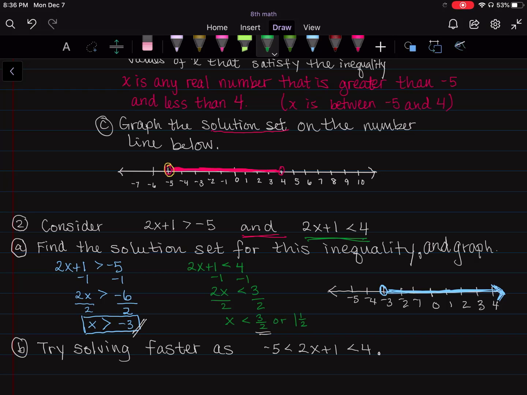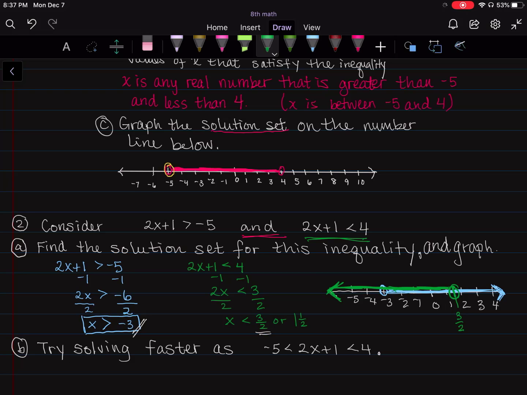We had x less than 3/2. Remember, that's 1 1/2. So I'm going to mark where 3/2 is right here on my number line. I am circling 3/2, and then I'm going to layer it on top. I want x less than 3/2, so I would have that run all the way down the number line.